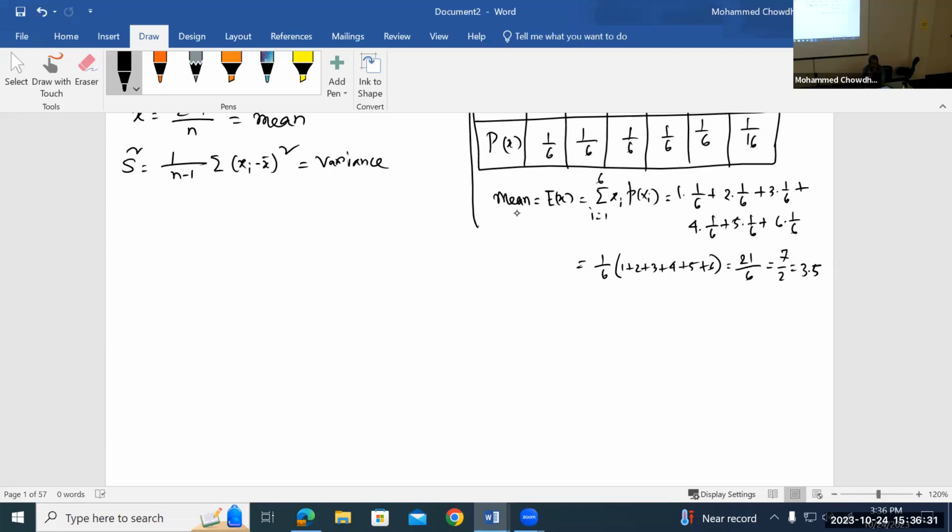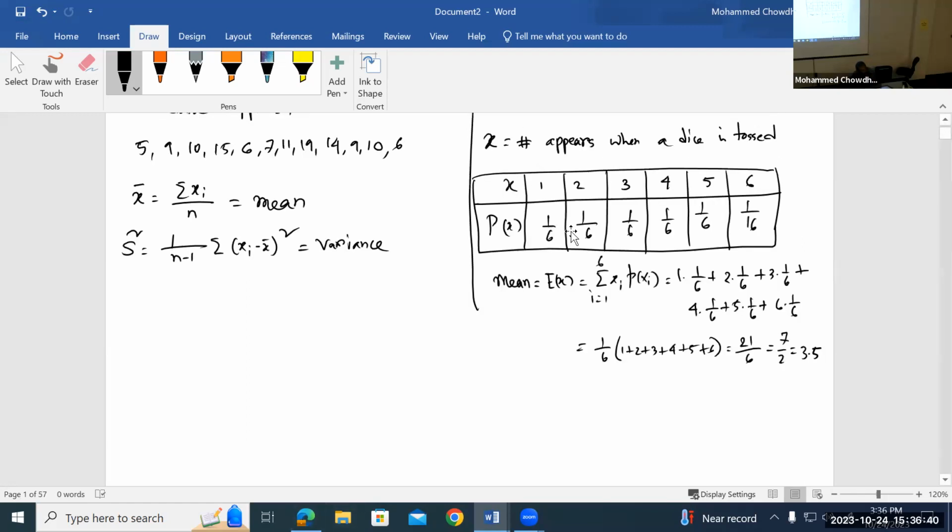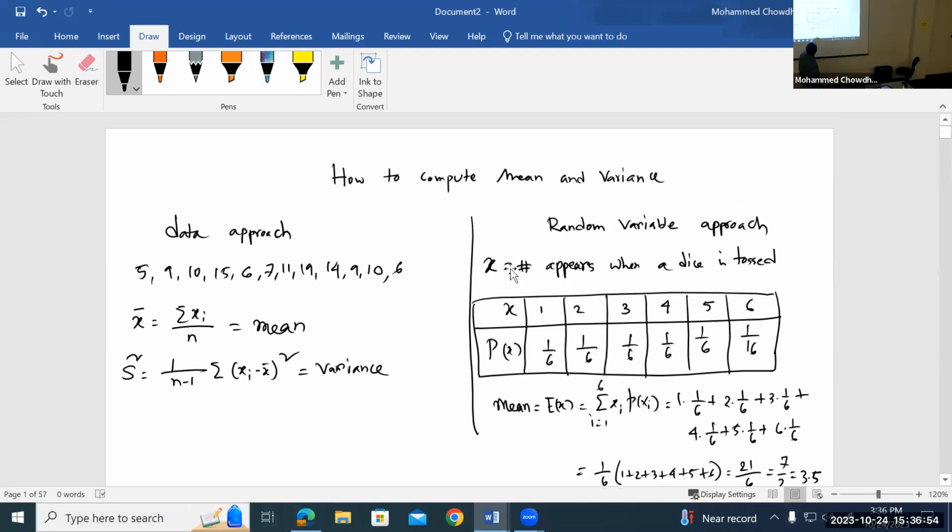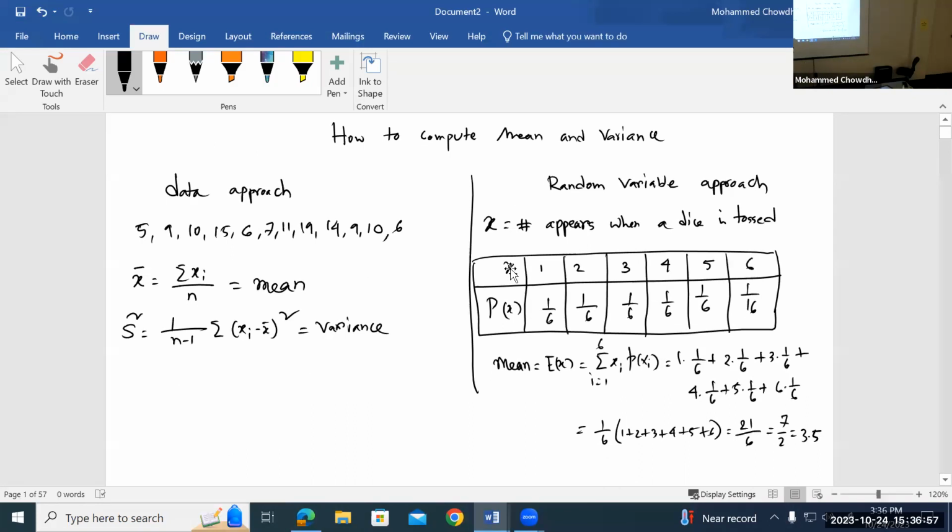So the average value or expected value of x equals what? What is the definition of x? X stands for what?